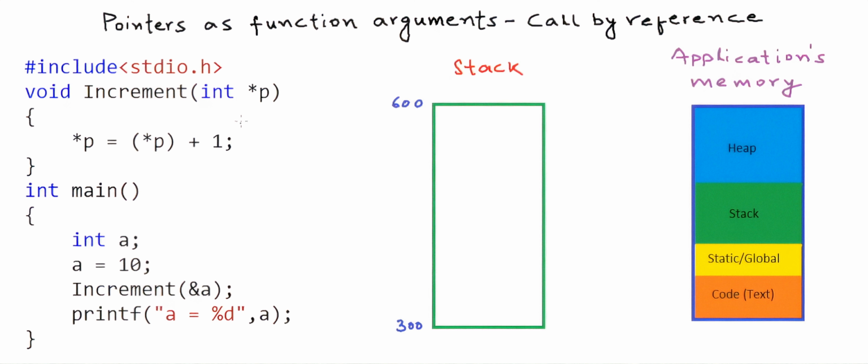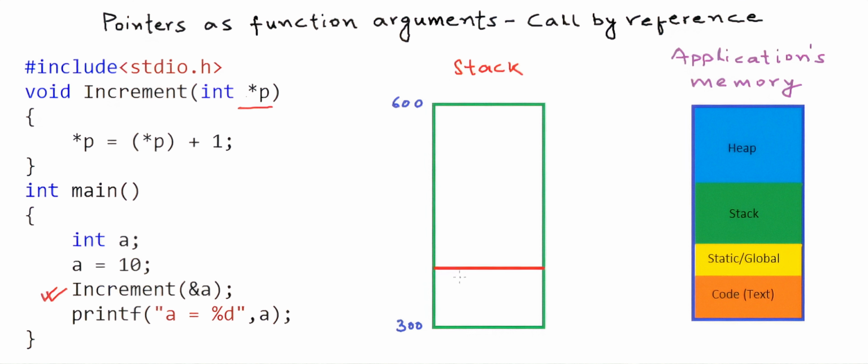Now what we are doing here is that we do not have an argument which is integer in this function increment. We have an argument which is pointer to integer, and a pointer to integer, as we know, will store the address of an integer. So in the increment function we are passing the address of a. When the program starts executing, the main method will be invoked first.